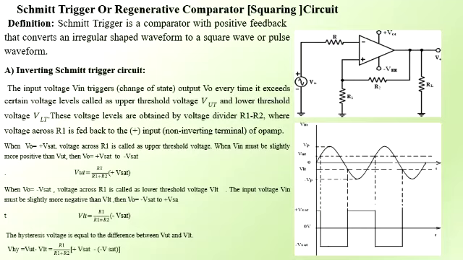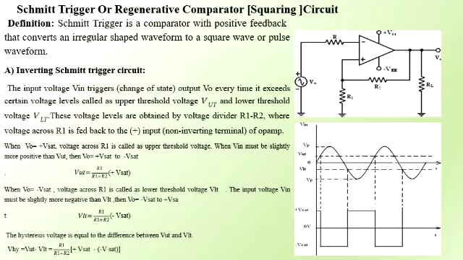Similarly, when the output becomes negative saturation, or minus VSAT, the voltage across R1 is the lower threshold voltage. The input voltage V in must become slightly more negative than VLT, then the output changes from negative saturation to positive saturation.